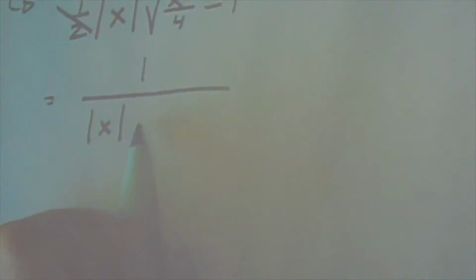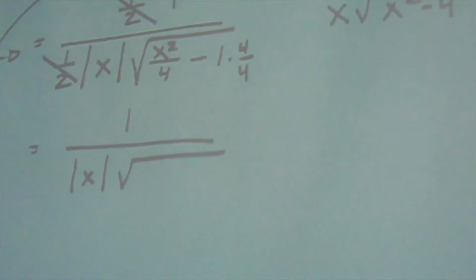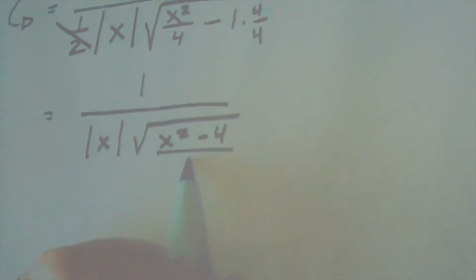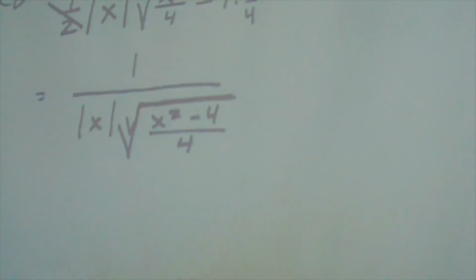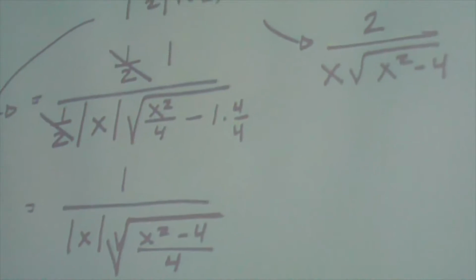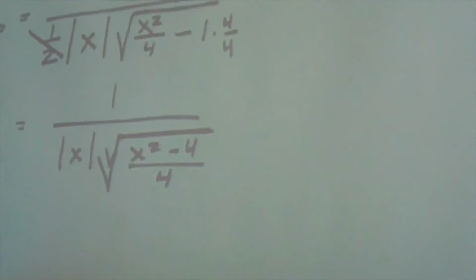1 over the absolute value of x. Now here I'd have to get a common denominator to combine these, so I'm going to times this by 4 over 4. So I get x squared minus 4 over 4. That whole thing is being square rooted. So I'm thinking right now that I probably need to leave the absolute value on the x, don't you think? Yeah. Okay, on my final answer, so I have it written down on here.